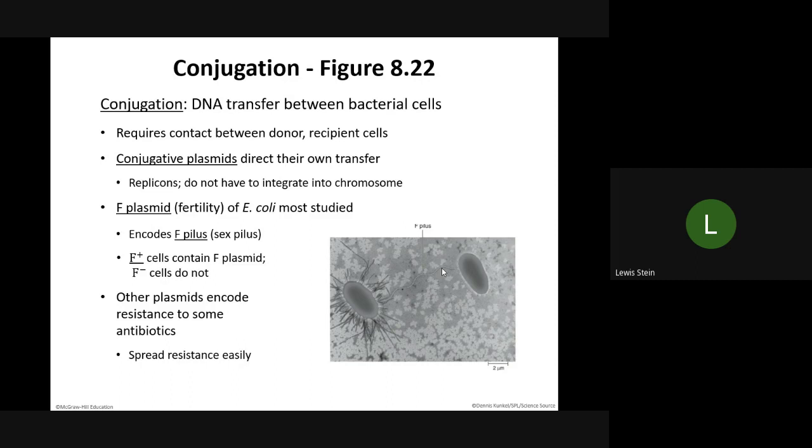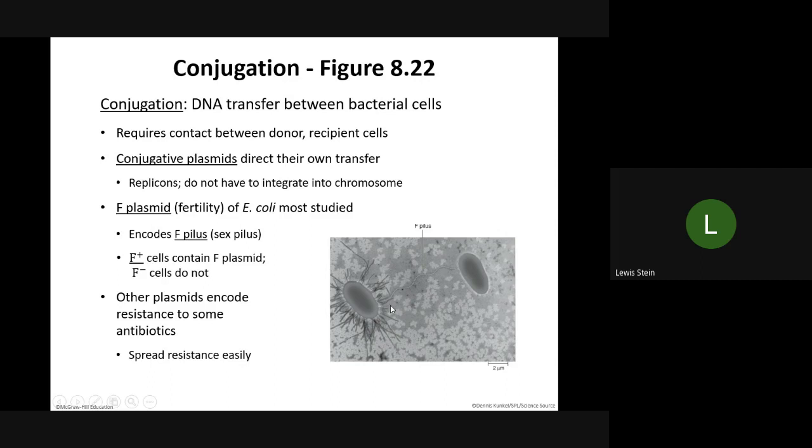The F plasmid is very specific. Most bacteria have a fair amount of plasmids because they're useful but non-essential pieces of genetic material that play an important role. You can transfer more of them at one time, and the transfer doesn't take terribly long, so it's limited by the amount of time that these bacteria are stuck together.